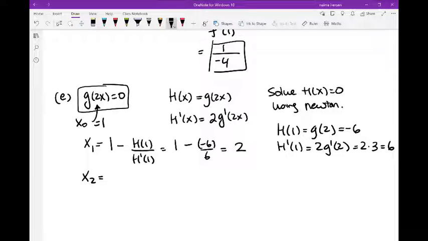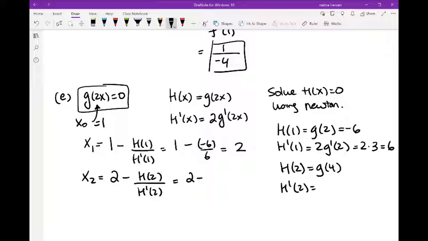Now it says find x2. So it's going to be 2 minus h of 2 divided by h prime of 2. So 2 minus, let's go over here. H of 2 is going to be g of 2 times 2, which is 4. And h prime of 2 is going to be 2g prime of 2 times 2, which is 2 times g prime of 4. G of 4, if I take a look at my table correctly, is -3.